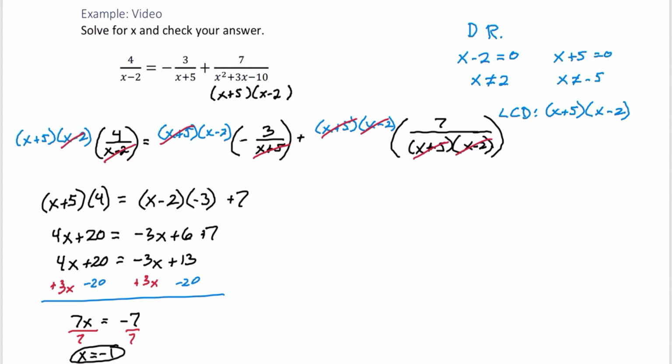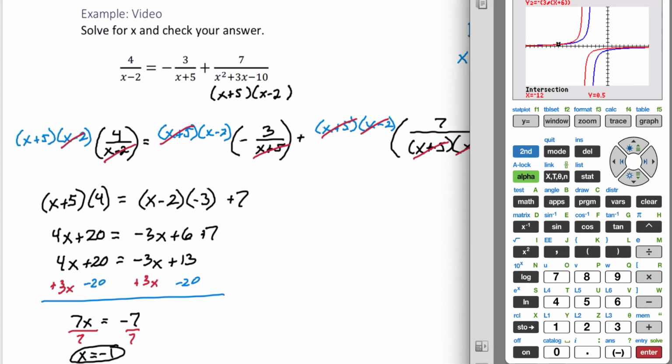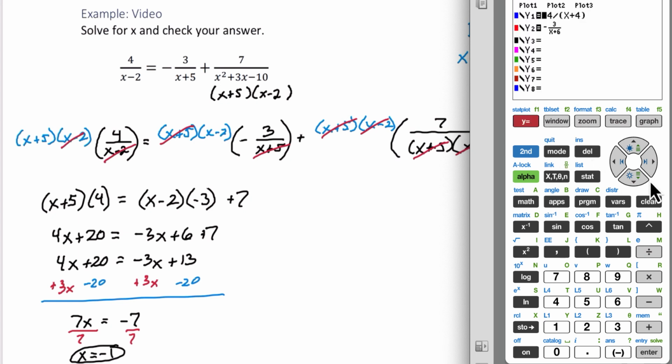We can double check in the calculator. Go to y equals, clear anything that may already be there, and let's type in the left side first, 4 divided by x minus 2. Notice that the denominator has more than one term in it, so it needs to be in parentheses.